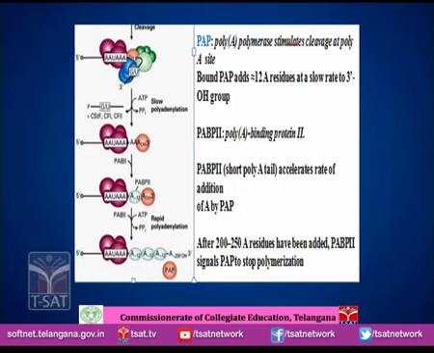at the poly A site, because in between we will find the CA sequence, and after A this PAP enzyme, poly A polymerase, can cleave, and the cleaving results in the addition of new poly A tails to that A. That takes place with the help of PAP2, poly A binding protein 2, which accelerates the addition of adenine.